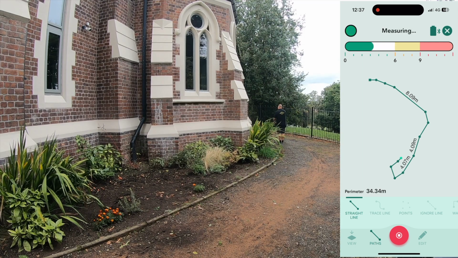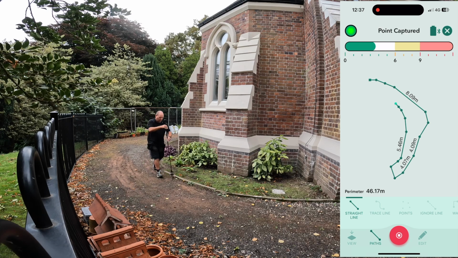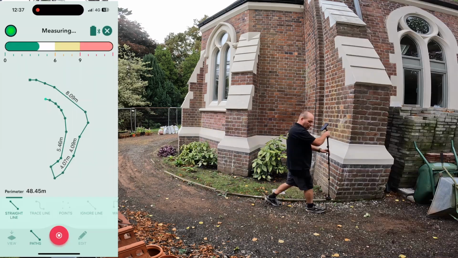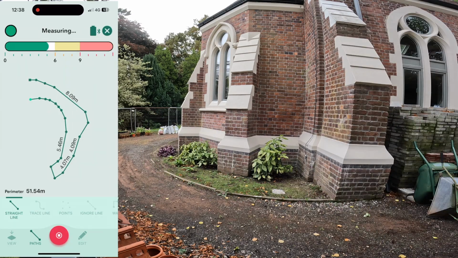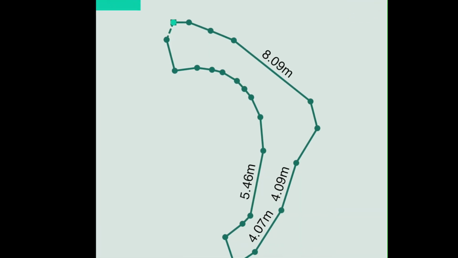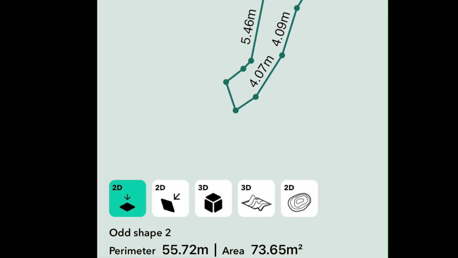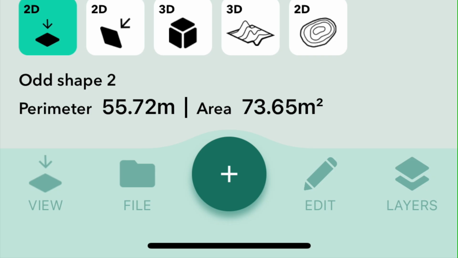So on the right hand side of the screen, you can see as I'm going along, it's bringing up the actual shape of what I'm measuring, giving you a nice accurate area. Here's the area that I measured out, and we can see at the bottom there it's an area of 73.65 meters. So then you can times that by the amount that you're charging per meter.